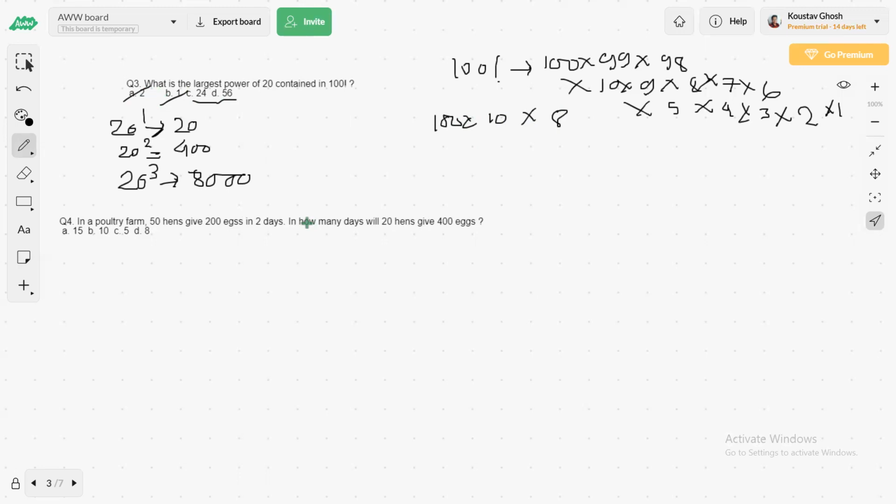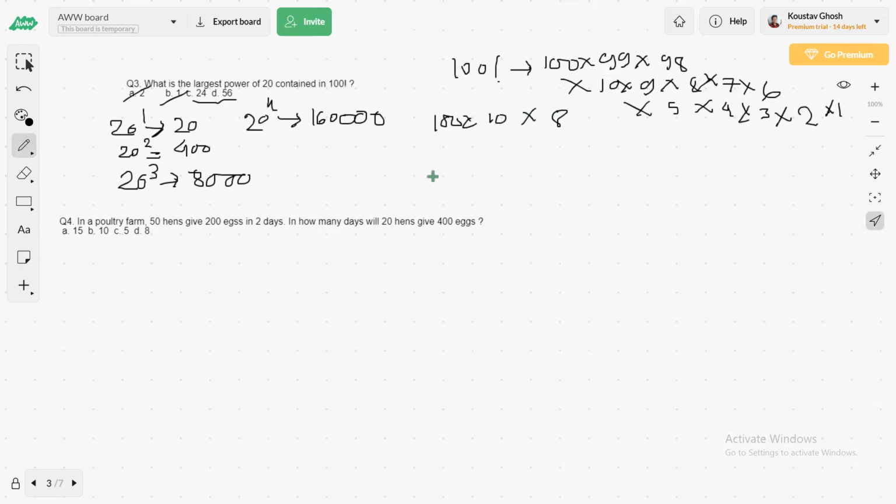Now what is 20 to the power 4? That is 16 with 4 zeros. How can we get 160,000 from 100 factorial?